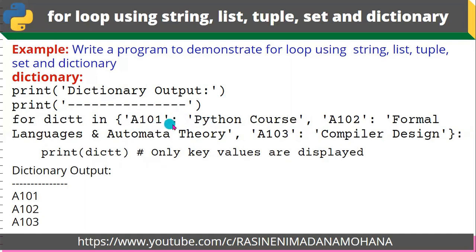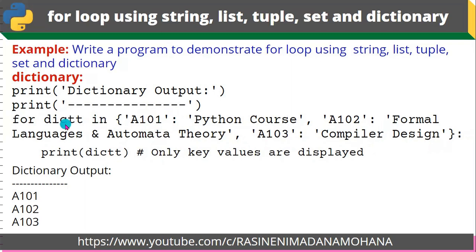This A101 colon Python course is one key-value pair, comma, the second A102 colon formal language and automata theory, comma, the third key A103, its value is compiler design. Like that, any values you want, you can give in this combination.